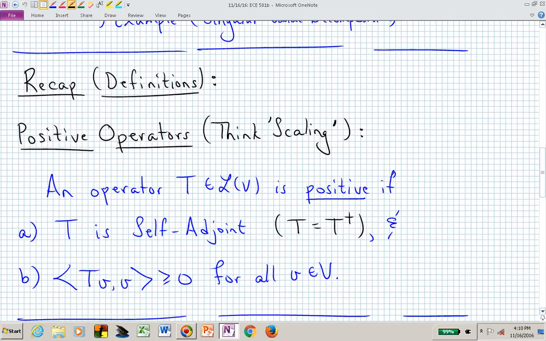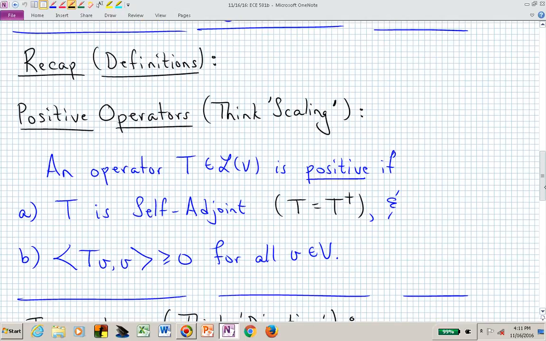That's the adjoint. If it's self-adjoint, that map or operator stays the same in the first slot and the second slot. So it's self-adjoint, and we have this non-negative behavior of the inner product for that linear map, if it's positive, that linear operator.